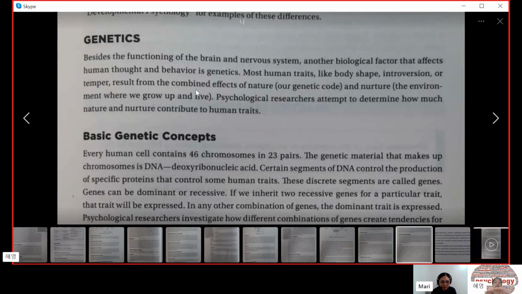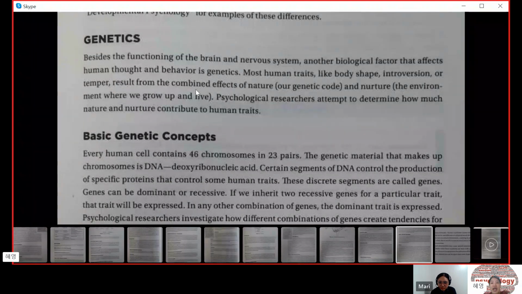Besides the functioning of the brain and nervous system, another biological factor that affects human thought and behavior is genetics.